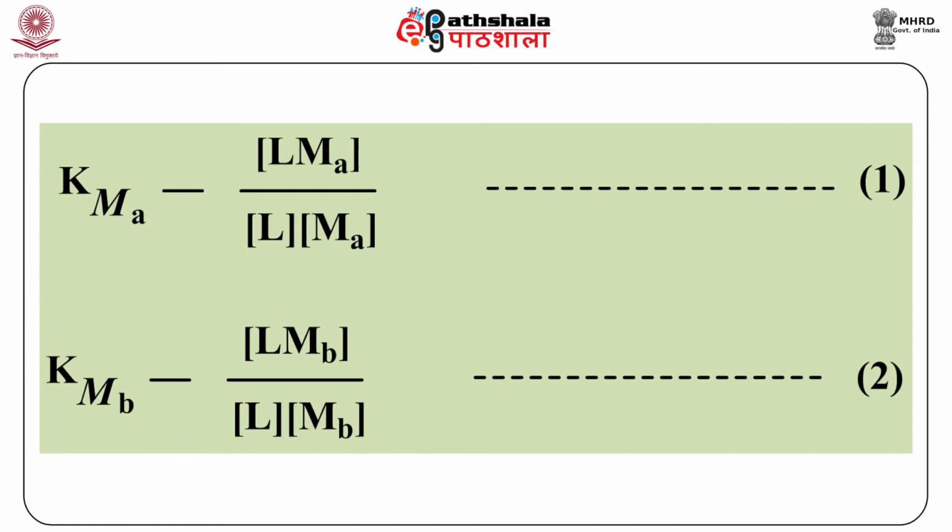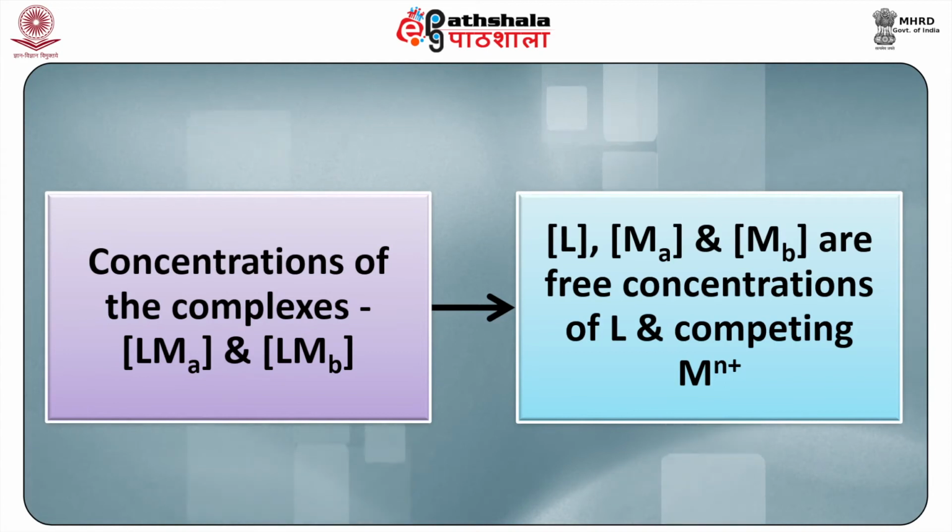Now, KMa and KMb are the equilibrium constants for the formation of complex between the two competing metal ions Ma and Mb with ligand L. The concentrations of the complexes have been denoted by LMa and LMb, whereas L concentration, Ma concentration and Mb concentration are the free concentrations of ligand L and competing metal ions respectively.